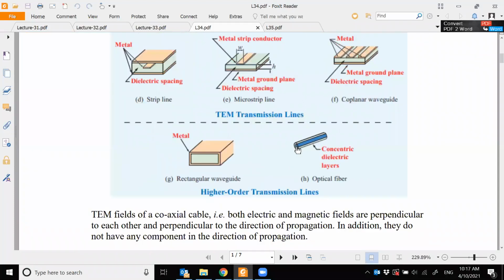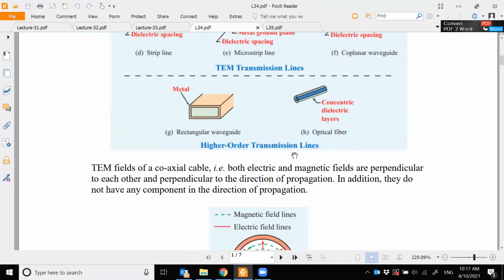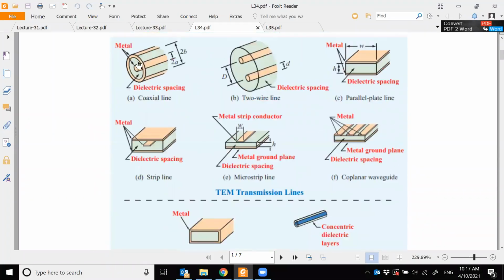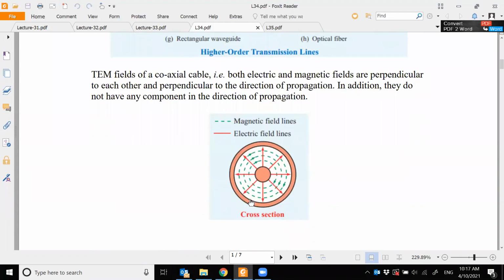Okay, so now what we are going to do in today's class, if you see here, this is my coaxial cable, and now I am bringing both the summaries that we have learned in electrostatics and magnetostatics here. So we have seen, for a coaxial cable, how the electric field is generated, how the electric field exists in the dielectric region.